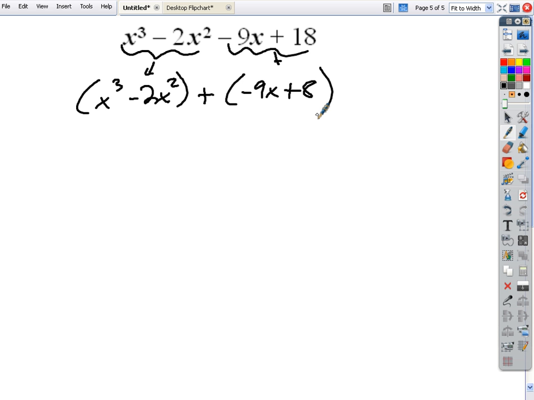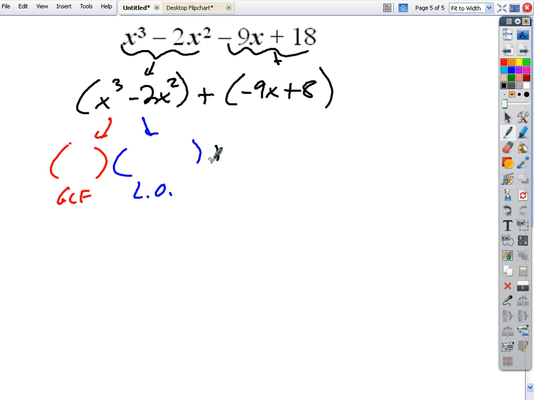Okay, so what do we do from here? Remember, going back to chapter 5? Greatest common factor. Good. We're going to try to pull the greatest common factor out of the first group, and that'll leave us with what we call the leftover factor, right? And so we might show that schematically like this. We're going to get some greatest common factor, and then some leftover factor.